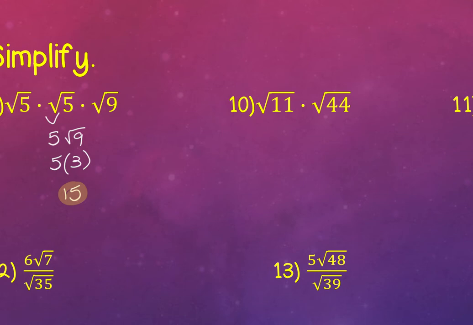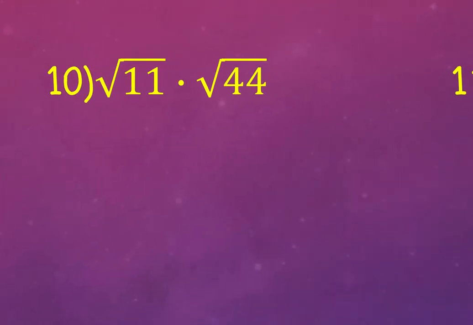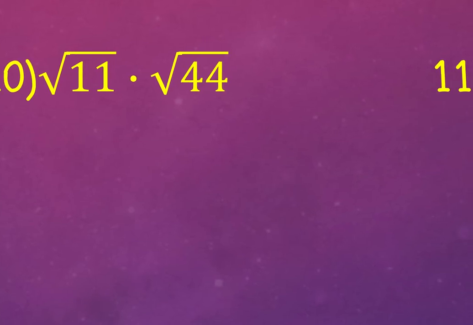Okay, before you waste time on 10, I'm going to show you something. So if I wanted to multiply that out, they're obviously not the same, but I could multiply. I could do 44 times 11, which is 484, okay? I could multiply that out, and then I'd have to break it back down again.